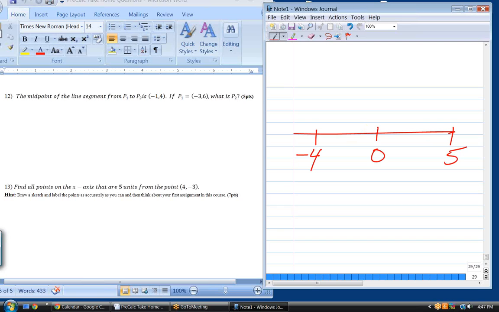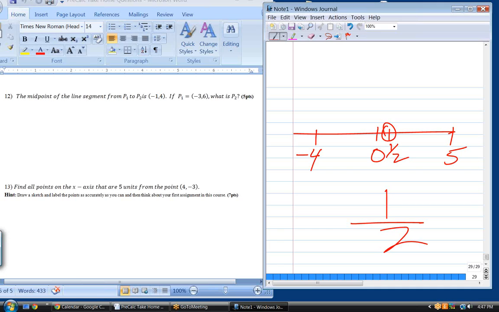If I want the point that's in between -4 and 5, it's clearly got to be somewhere around there, right? Okay, well, if I add 5 to -4, I get +1 divided by 2. That looks reasonable for an x coordinate, 1/2. If I got 6 as an answer, that can't be right.